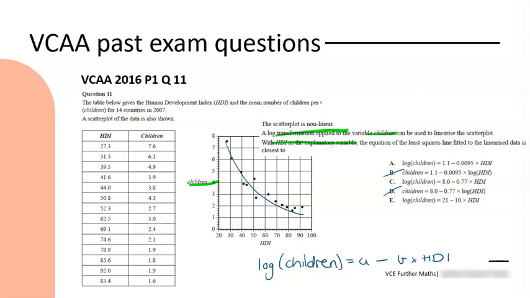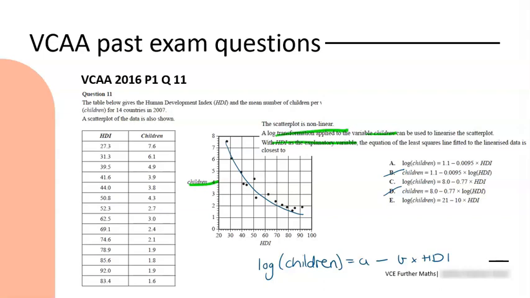Another thing that might help us eliminate some options is remembering that a log transformation will compress this axis here, the response variable. So it will make the larger numbers smaller. Our maximum is not going to be above 8.